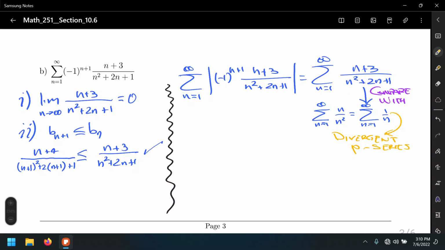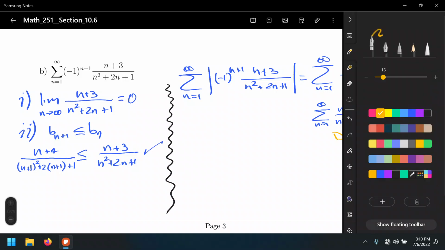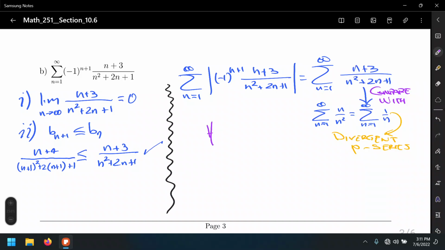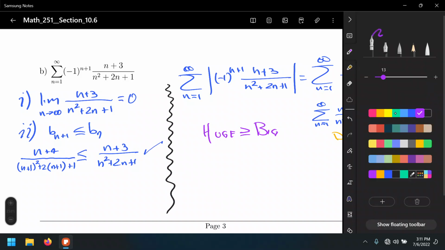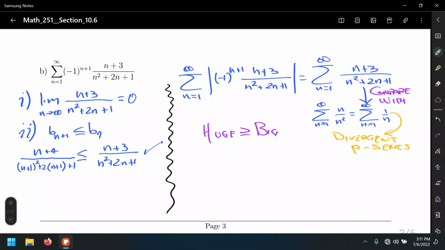And from here, do your preferred test, direct comparison or limit comparison. I'm going to do the shorter one, the direct comparison. Well, for divergence, in this case, we're going to do huge greater than or equal to big. That is, huge, which is the test 1 over n.